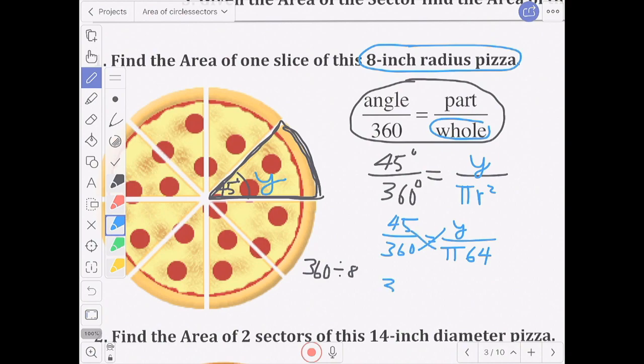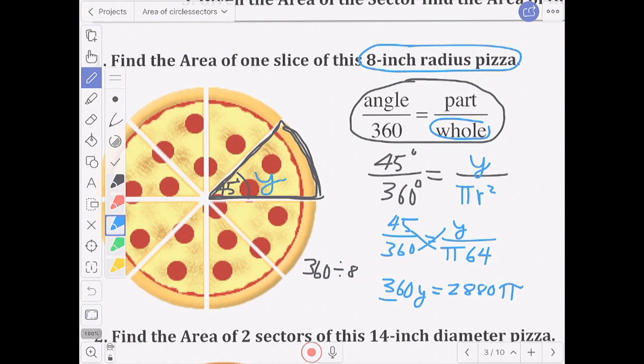When we cross multiply, we get 360 times y, and we get 64 times 45, which is 2,880, and that pi is still there when we cross multiply. 64 times 45 would be 2,880, but pi times 64 times 45 would be 2,880 times pi.